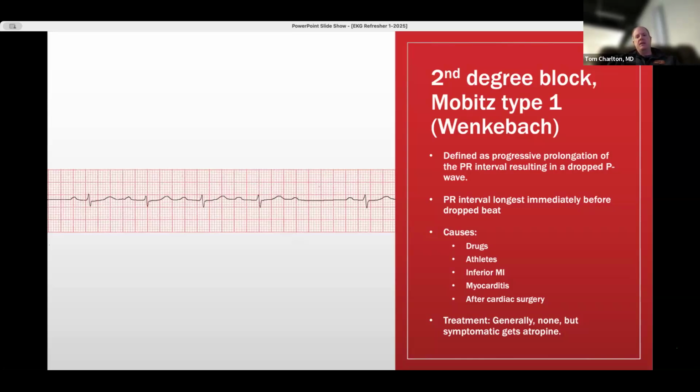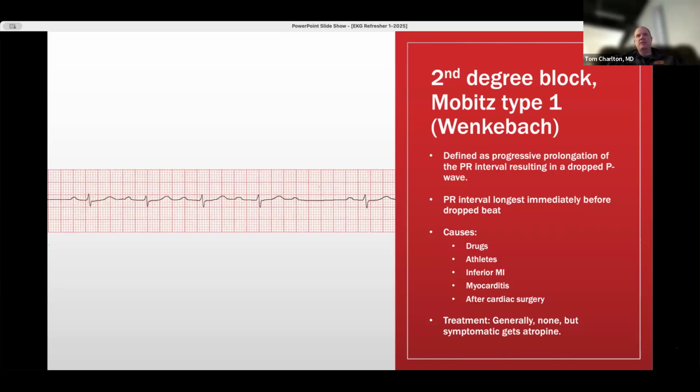So all of a sudden, this beat does not go through the system. This is typically going to be caused by prescription drugs that we will put somebody on, such as digoxin or Cardizem, things like that, that slow down that AV node impulse. Well, sometimes we slow that down too much and we get this. Generally, this does not require any treatment whatsoever.